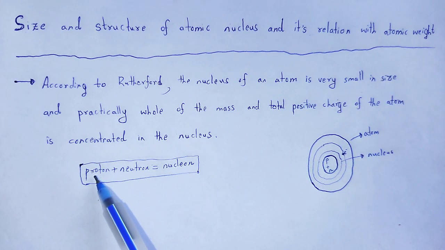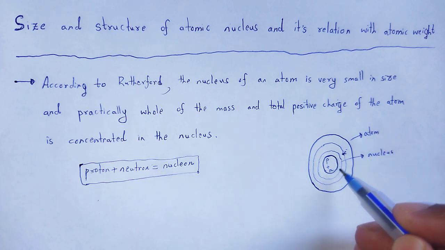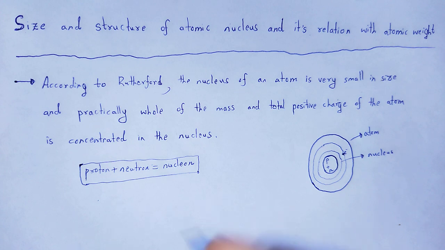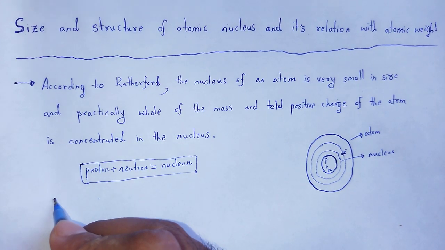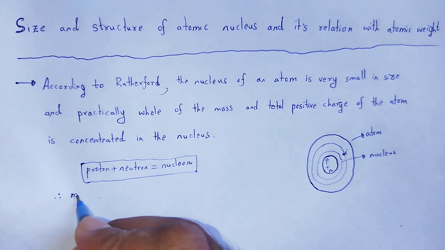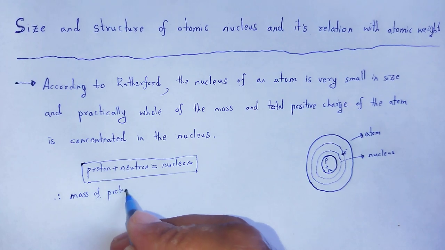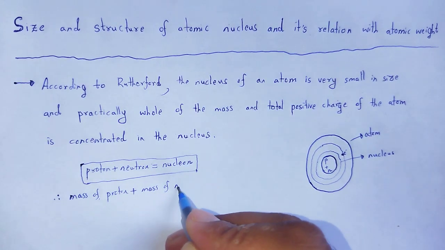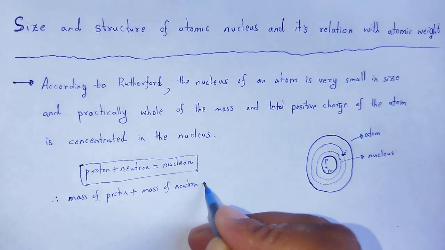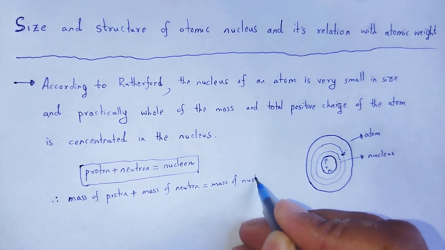The mass of a proton and the mass of a neutron together is nothing but the mass of the nucleus.